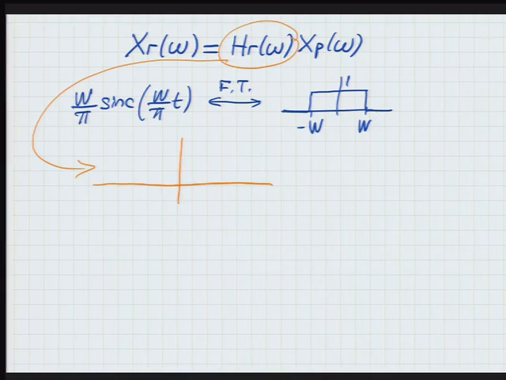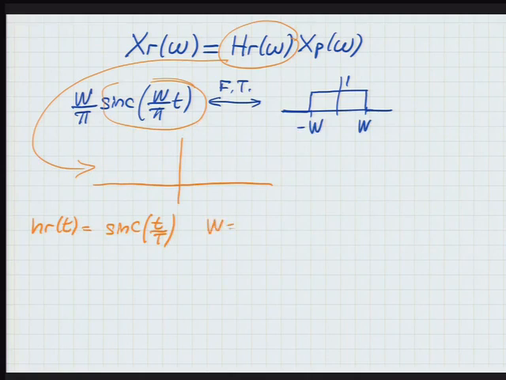We had sinc t by t. Does that look like this? Yes, if I choose W to be pi over t. Then this will be here 1 over t.